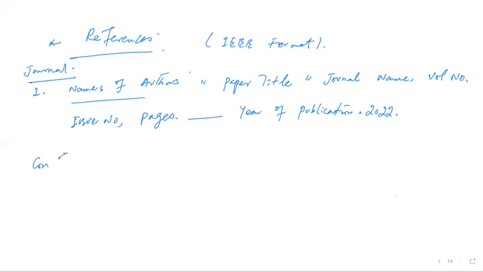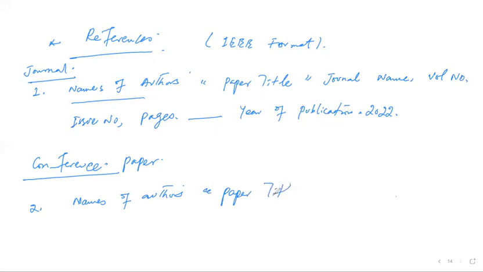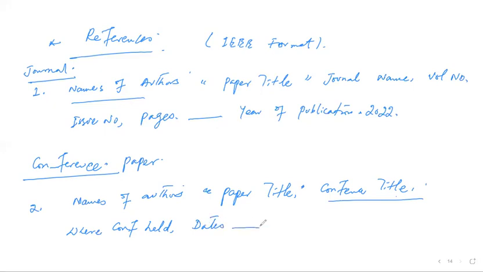If it's a conference paper, then you have to write names of authors, then paper title, then onward conference title, and then where the conference was held, then the dates of the conference, and then at the end you have to add the year.